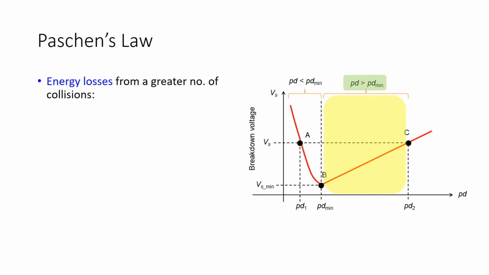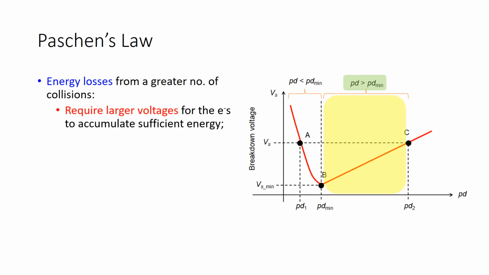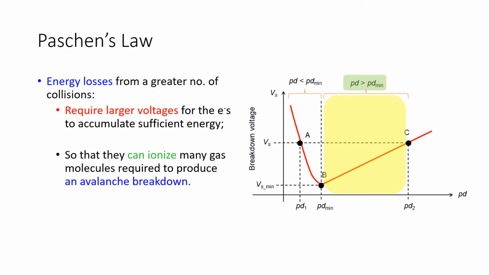So energy losses from a greater number of collisions require larger voltages for the electrons to accumulate enough energy so that they can ionize many gas molecules required to produce an avalanche.